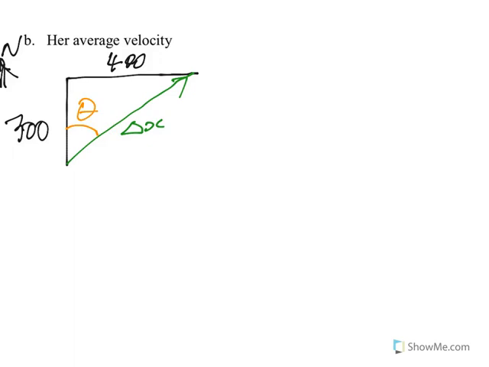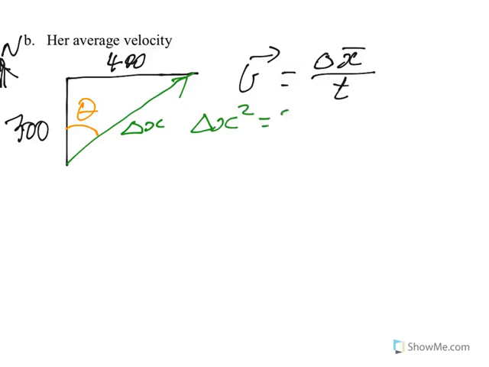Why do we need that? We need that because the velocity is the displacement, the change in position, over the time that it takes. Our old friend Pythagoras says that delta x squared would be 300 squared plus 400 squared.